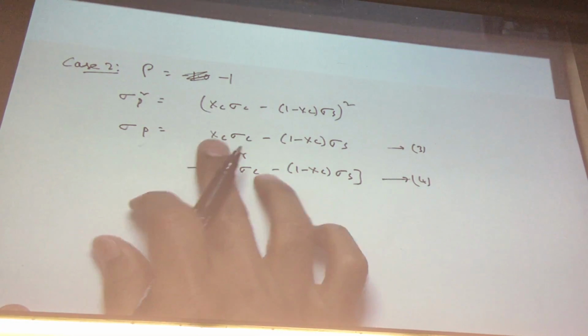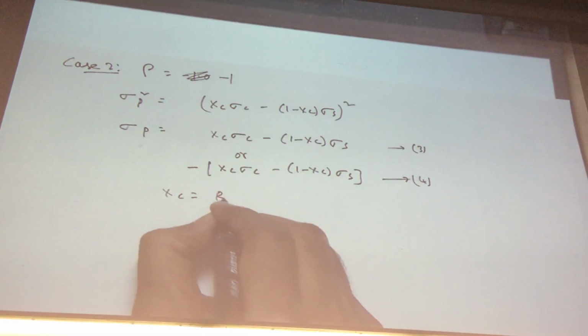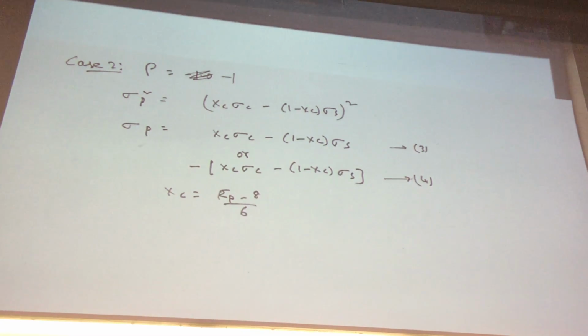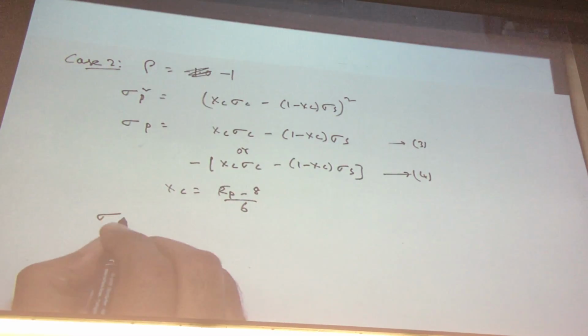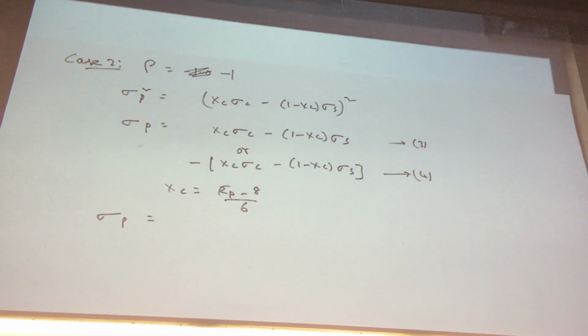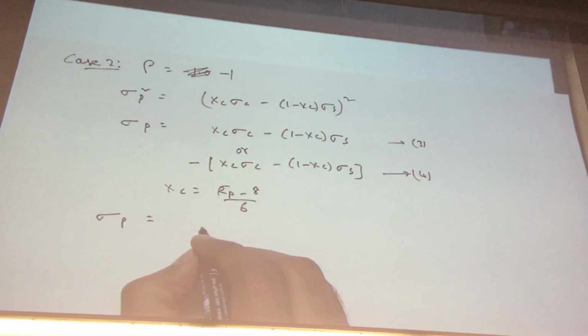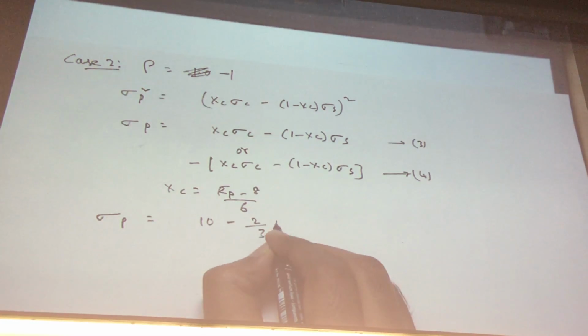And again, we don't like this xc value. So we can eliminate the xc value by using the same expression that we extracted from our previous discussion. When you substitute that, then the sigma p, the portfolio standard deviation, is going to be, I am giving the simplified version.